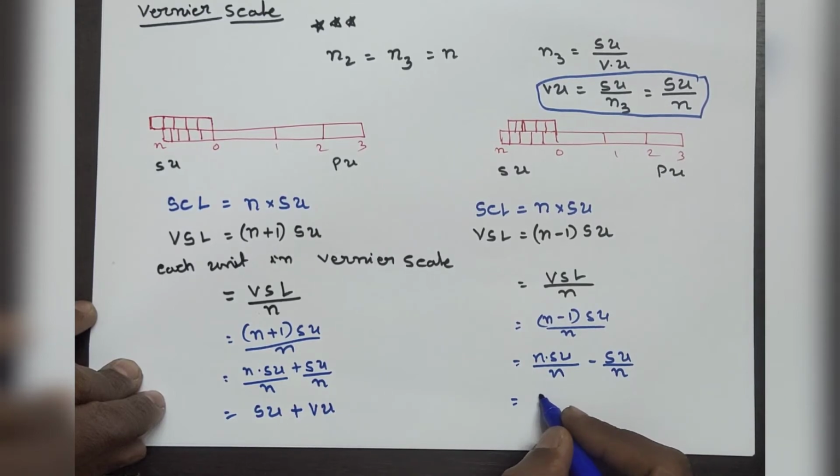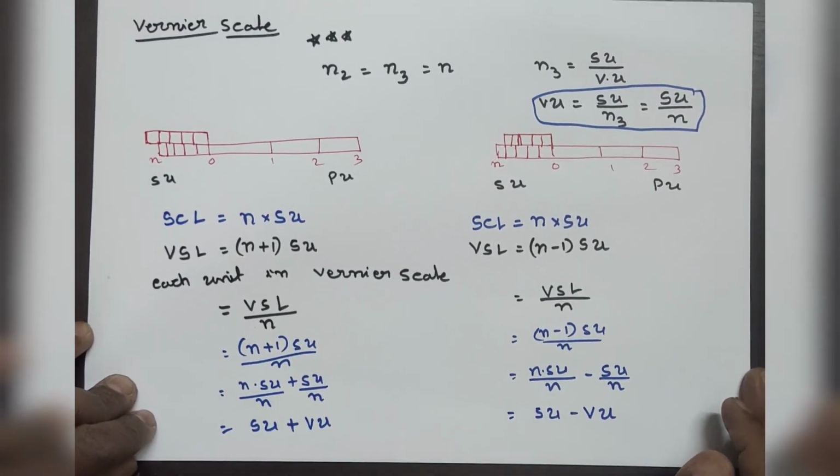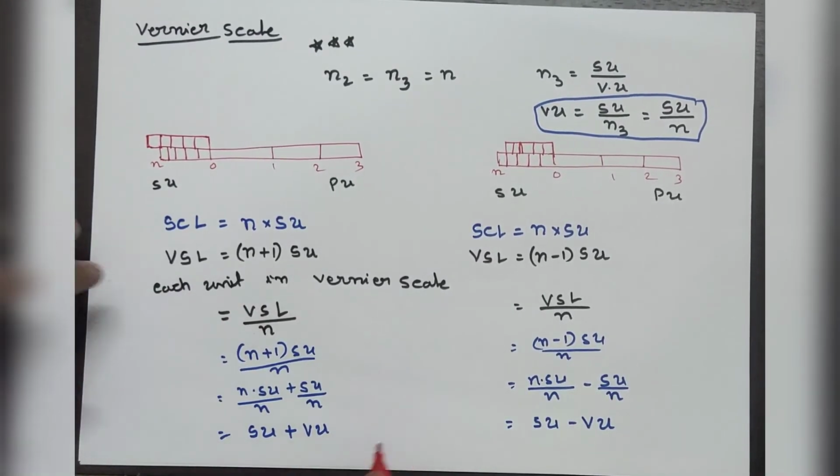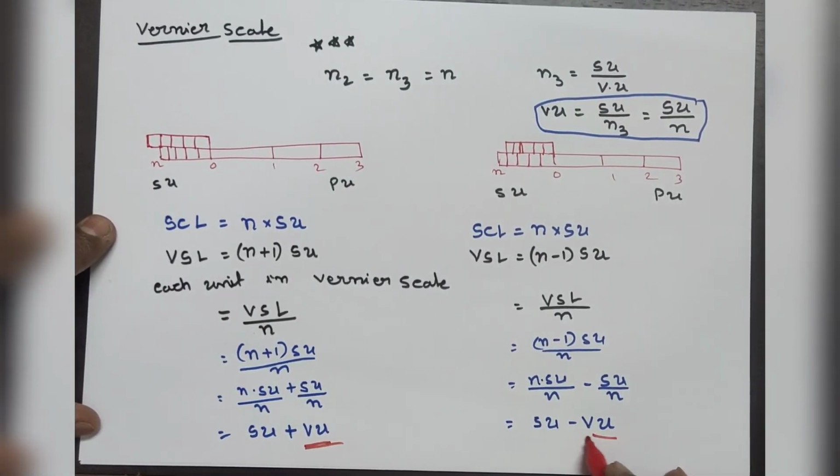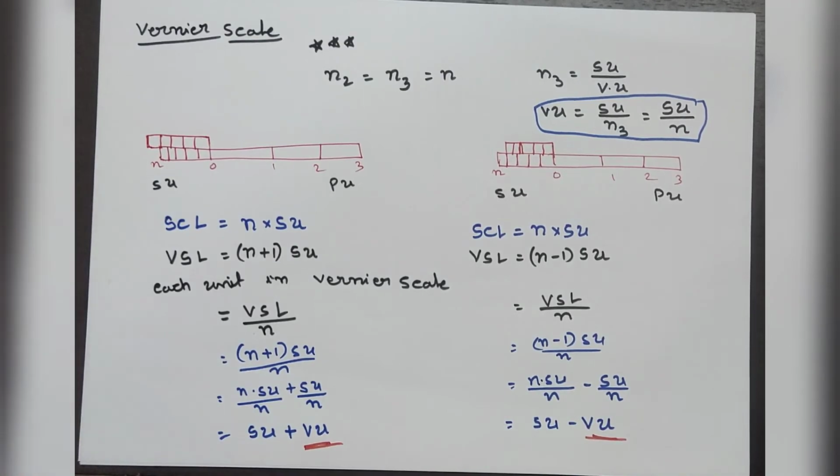Whereas in this case it is secondary unit minus vernier unit. So if you observe, in this I got vernier unit, but it is not directly the vernier unit. It is a combination with secondary unit. That is the difference we can observe in this particular vernier scale.